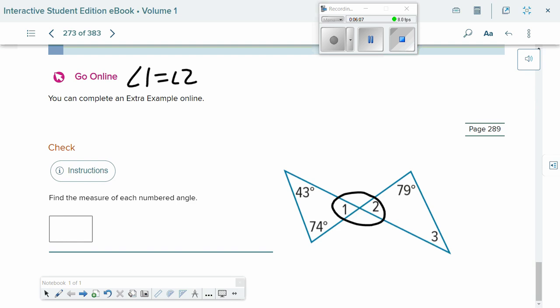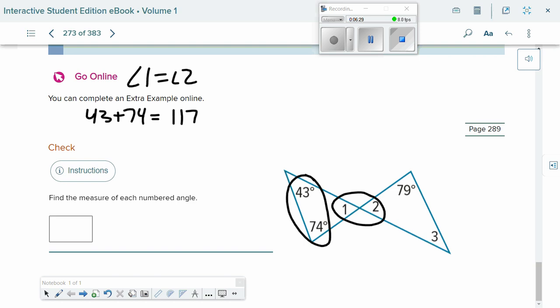Okay. And over here in this triangle, they give me 2 angles. So I think I'm going to go ahead and add 43 and 74 together and use that to subtract from 180 to find angle 1. So when I do that, I think I get 117.